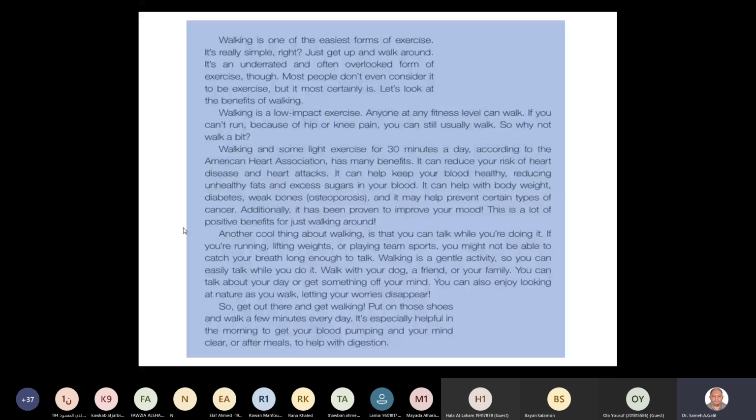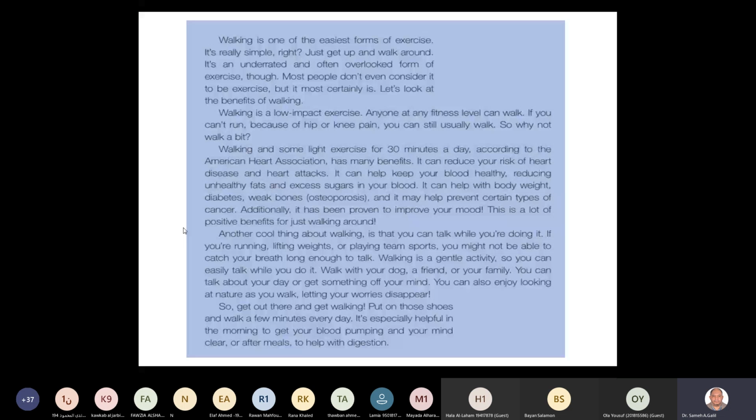In the body paragraphs, he or she is trying to establish the claim by giving enough examples as to why she or he thinks walking is good and easy, perhaps by engaging in a bit of talk about the benefits of walking, right?